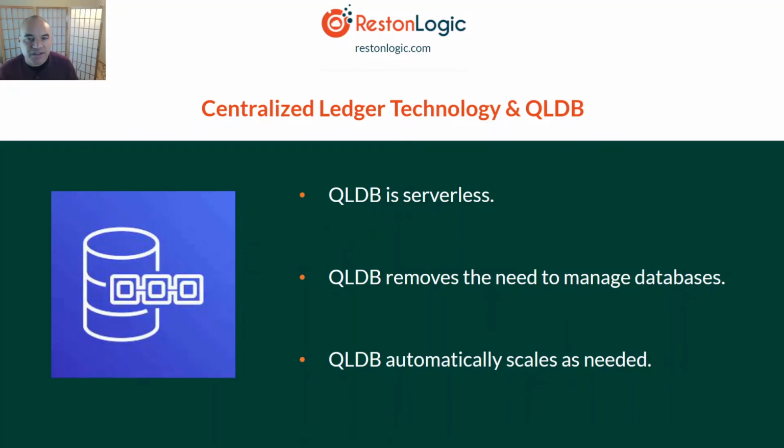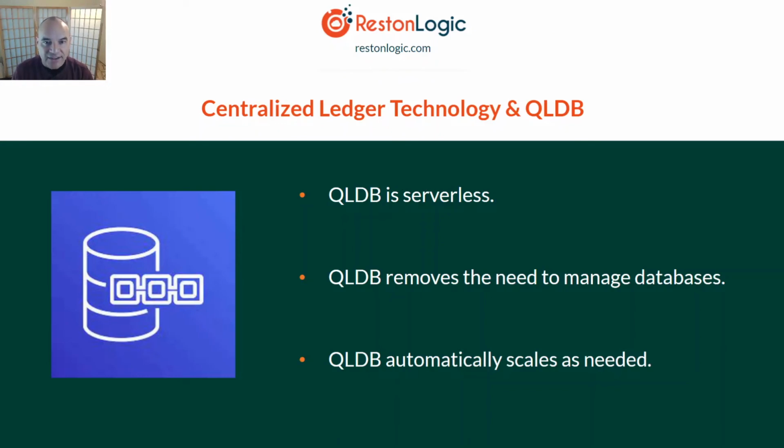So a little bit of details about QLDB. QLDB is serverless, which is very nice. QLDB removes the need to manage databases. Also, QLDB automatically scales as needed. So you're getting a significant lessening of trust requirements. You are not incurring much of a performance penalty.